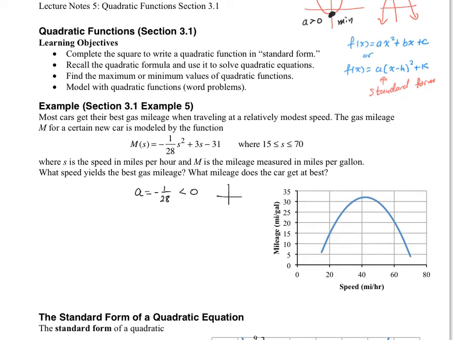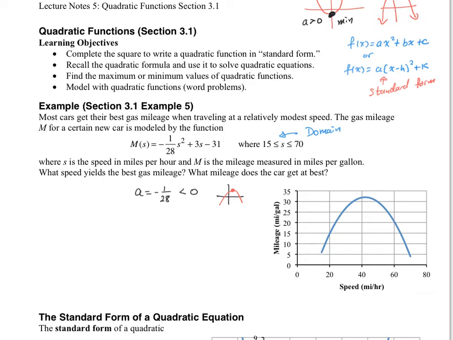So it's not surprising that this will have a maximum at some point. And here the domain is from 15 to 70, which means this model is only valid for this domain. So this is only true for speeds between 15 and 70 miles per hour.